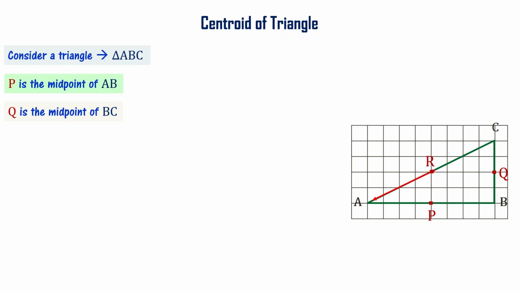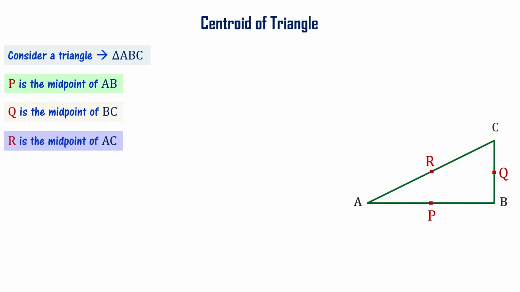You see, R is the midpoint of line AC, right? Now, what I'm going to do is I'm going to connect a vertex and the midpoint of a line opposite to the vertex. In this particular case, if you take C as the vertex, line AB is the side opposite to vertex C, right?